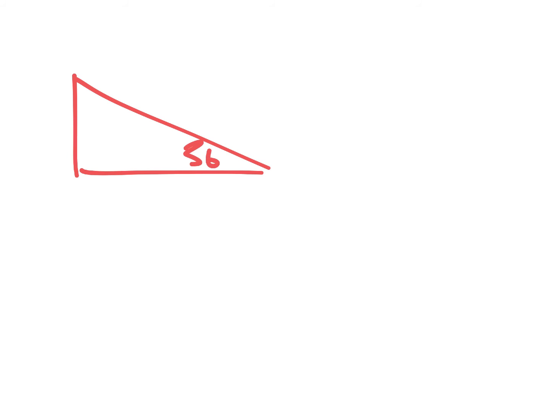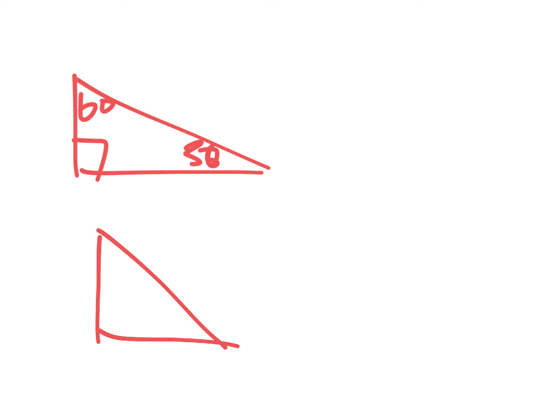The last thing I want to make sure you get is the 30, 60, 90s, those classic right triangles. There's a 30, 60, 90, and a 45, 45, 90 triangle. Do you know the side ratios on those?